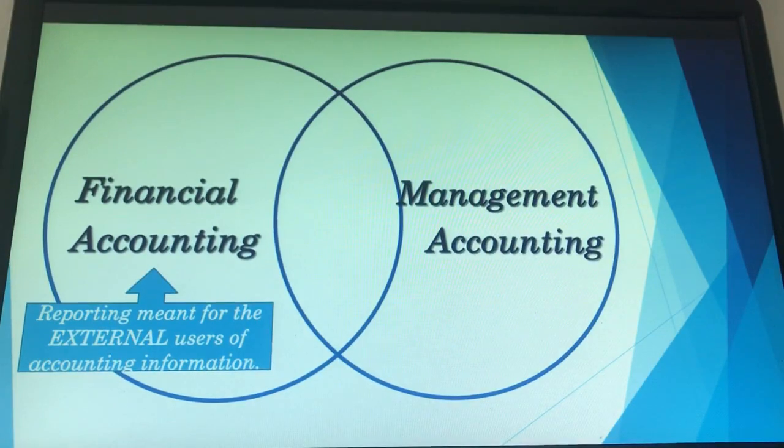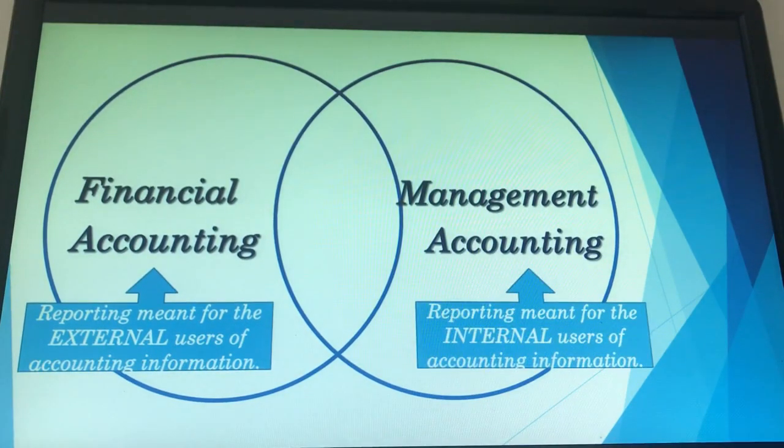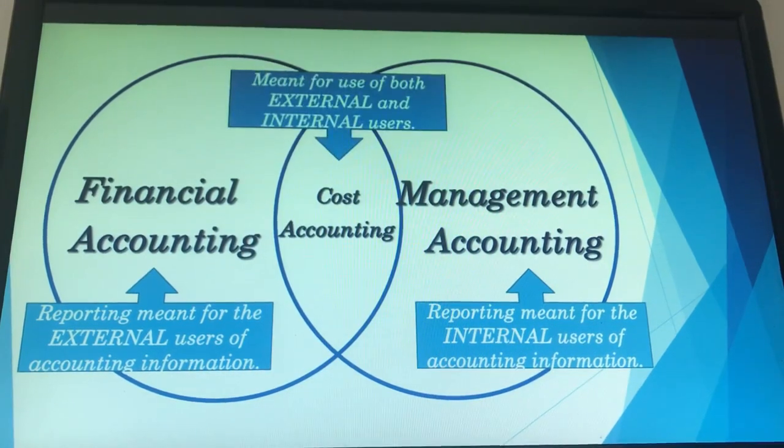We also have management accounting on the right, which is reporting meant for the internal users. The overlap between financial accounting and management accounting is cost accounting, which is meant for the use of both external and internal users of accounting information.